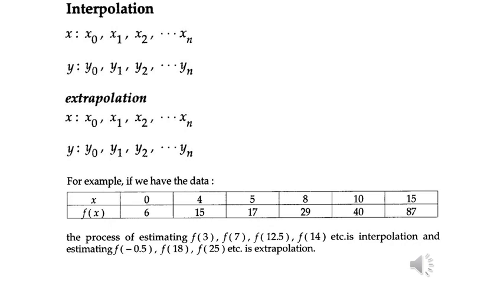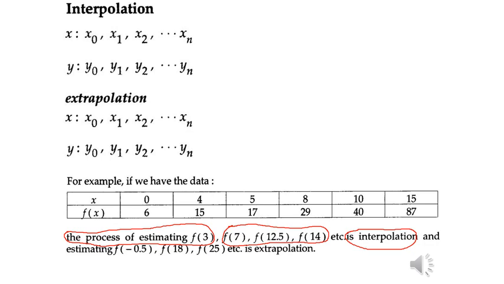For example, the process of estimating f of 3, f of 7, f of 12.5 and f of 14 is an interpolation, because the values of x, that is 3, 7, 12.5 and 14, are all between 0 and 15.